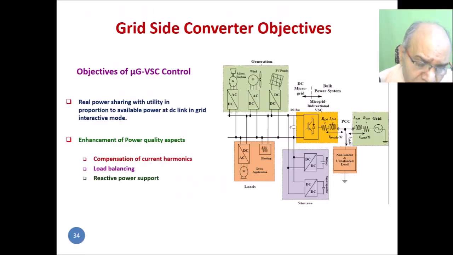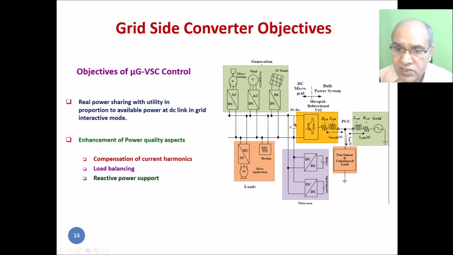Now, as you know, it is the interface of the power system, power electronics, and a lot more components, and the significant role lies with the microgrid voltage source converter. Okay, so this is the grid here, these are the generation and these are the loads, this is storage, and this is the main converter, the main voltage source inverter.